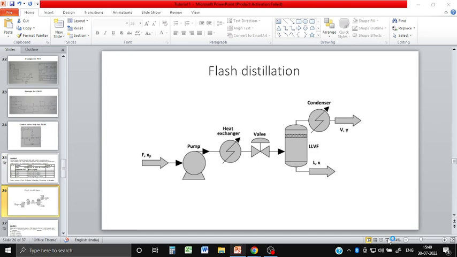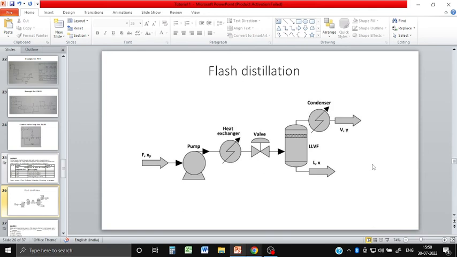I have only 1% by volume of naphtha which has contaminated my gear oil. Now what do I do? I need the naphtha or the gasoline which has contaminated my heavy component to be separated. So in such cases, I don't need many stages of separation, and a flash distillation is good enough.